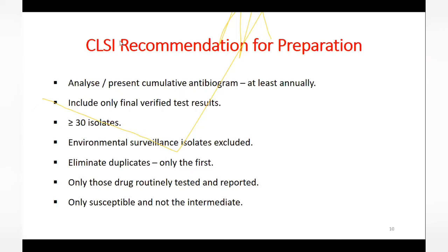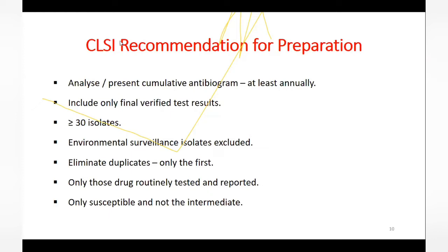The provisional test results should be avoided, and only the final verified test results should be taken for preparing the antibiogram. Then 30 or more isolates should be examined for preparing the antibiogram. Then environmental surveillance isolates, such as those organisms isolated from OT samples, surface swabbing or air sampling, should not be considered while preparing the antibiogram of the healthcare setting.